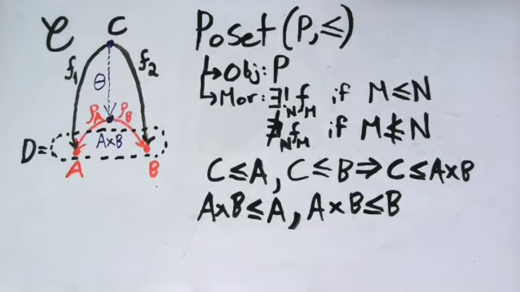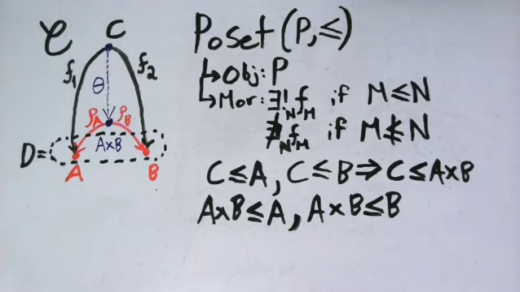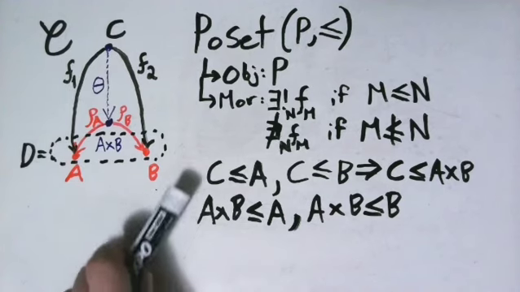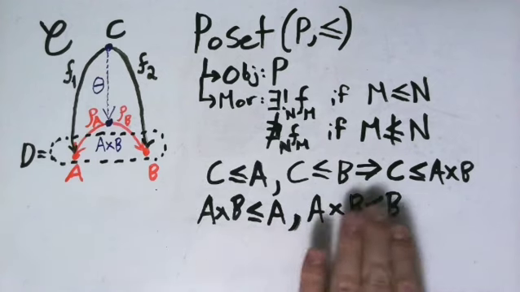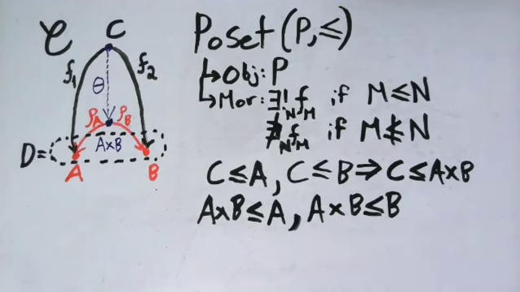And so because we have that unique morphism, that satisfies this definition, implying that we must have C less than or equal to A cross B. So if we combine all of that, we have that the object A cross B has to be less than or equal to both A and B. And anytime we have another object C that is less than or equal to both A and B, then it must be the case that C is less than or equal to A cross B.